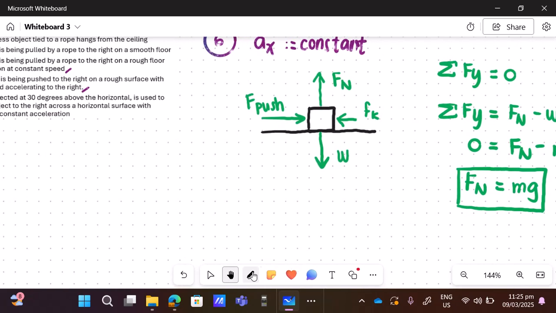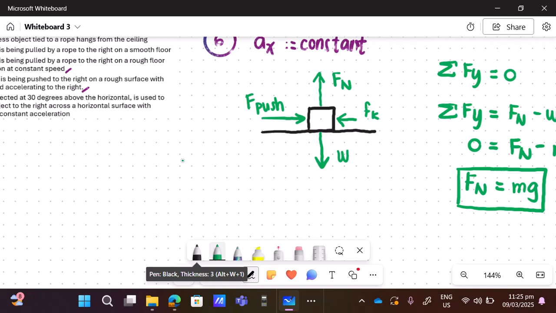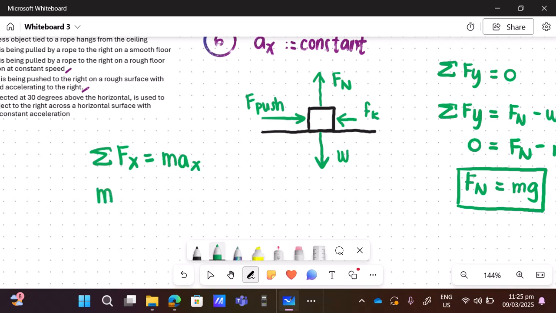On the other hand, if we get the net force along the horizontal, we have the sum of F sub x equal to, since we have constant acceleration, the mass of the object times acceleration along the x-axis. So this will be m times a sub x equals the applied force due to pushing the object.